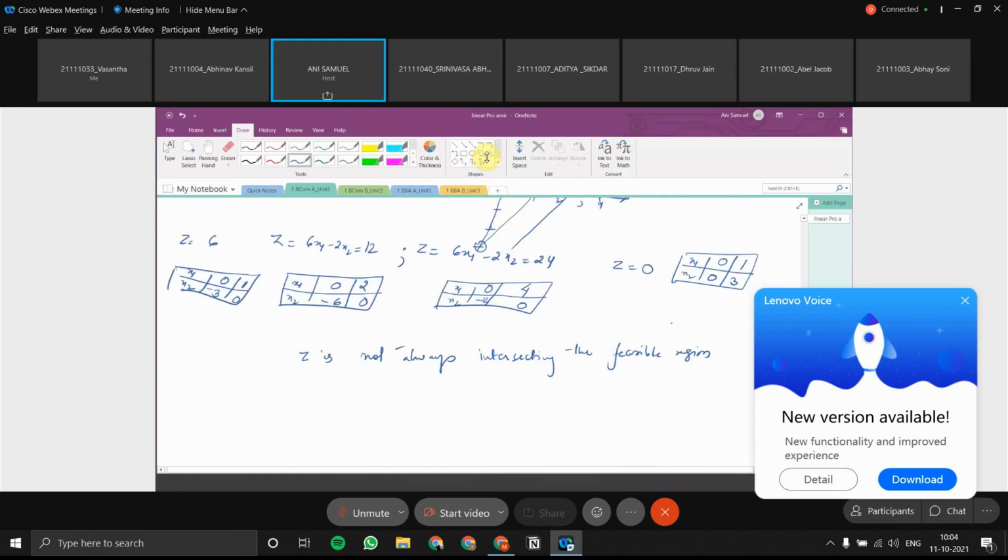So in such cases, the solution exists. So I can say the solution is bounded.